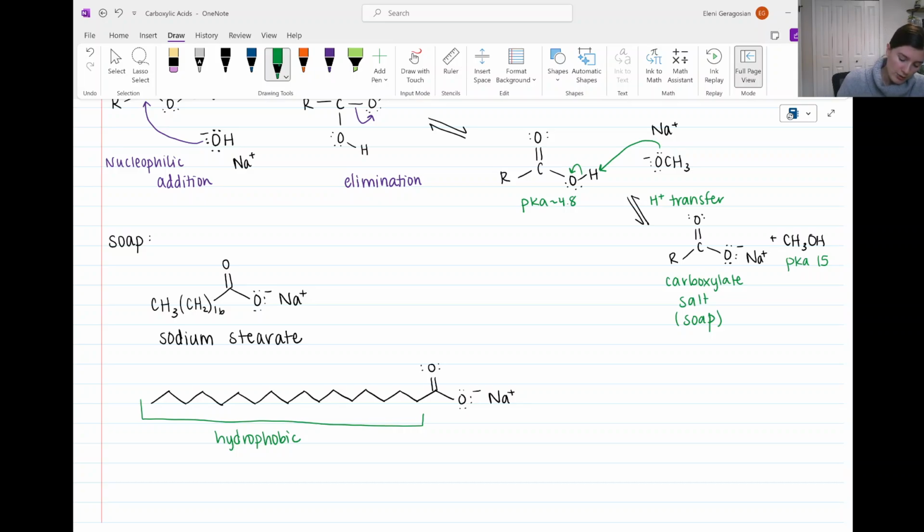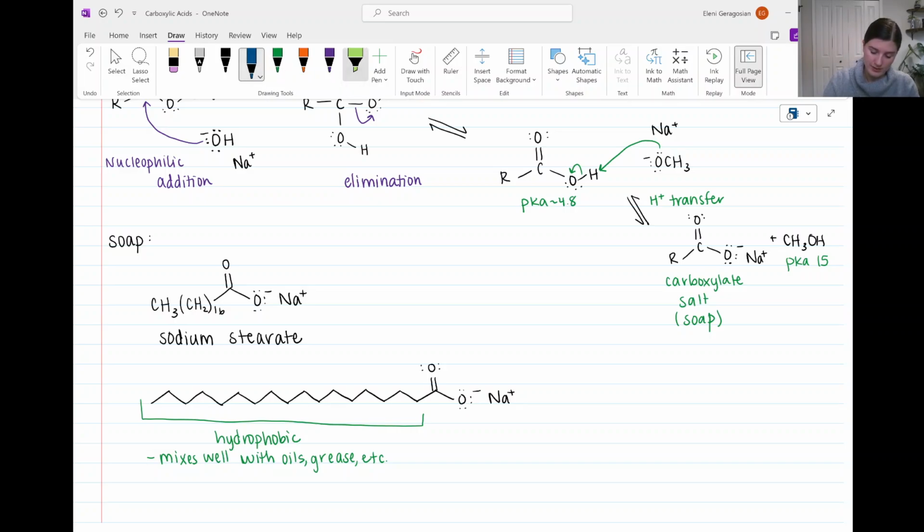So hydrophobic molecules or hydrophobic chains mix well with oils, greases, etc. So that part of the molecule that's hydrophobic will mix well with oils and greases.